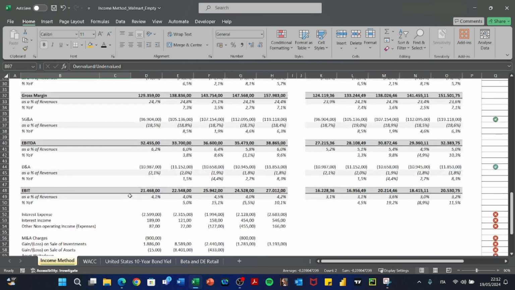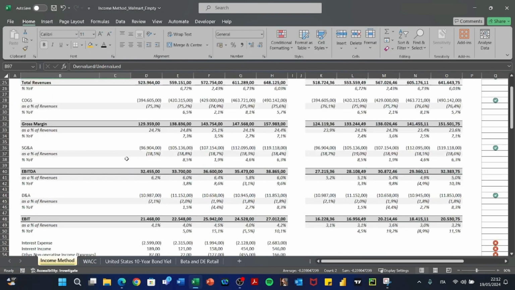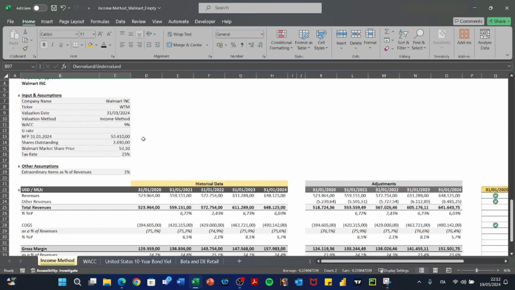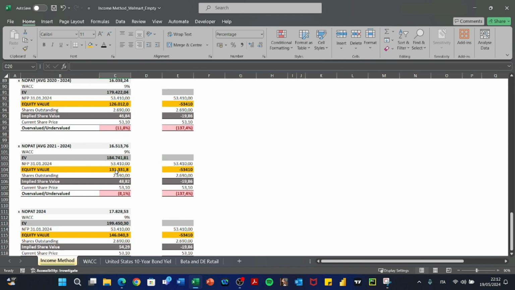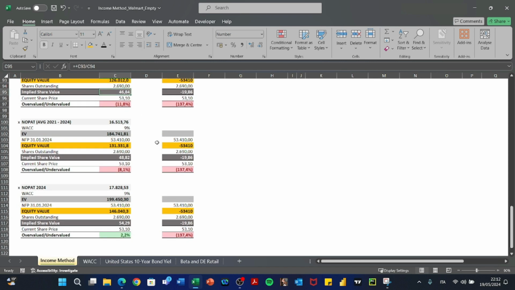The point is that we are considering an NOPAT instead of an EBIT, but if we do something like that, I think we should get an implied share value spanning a range from 46 to 54.